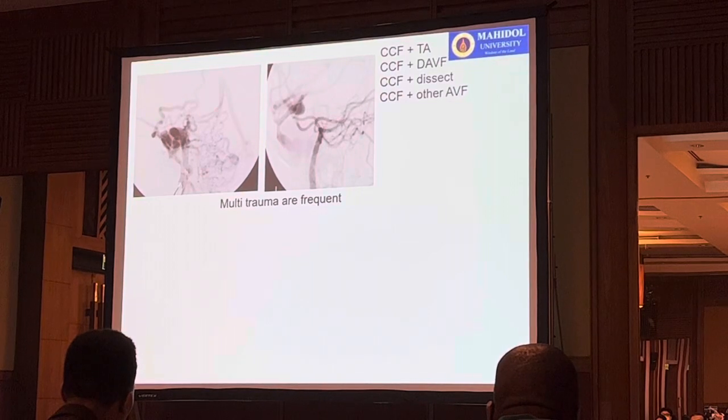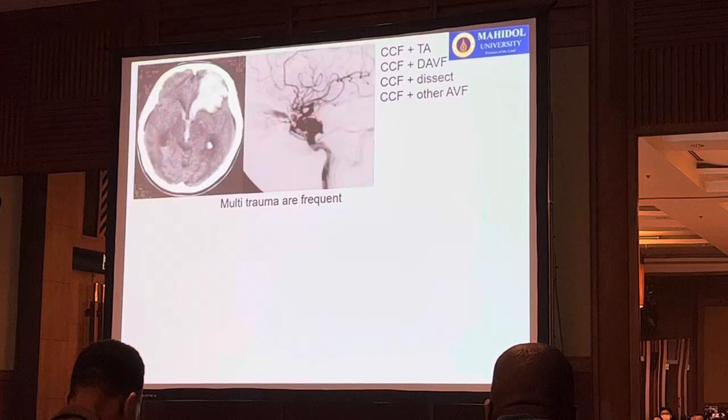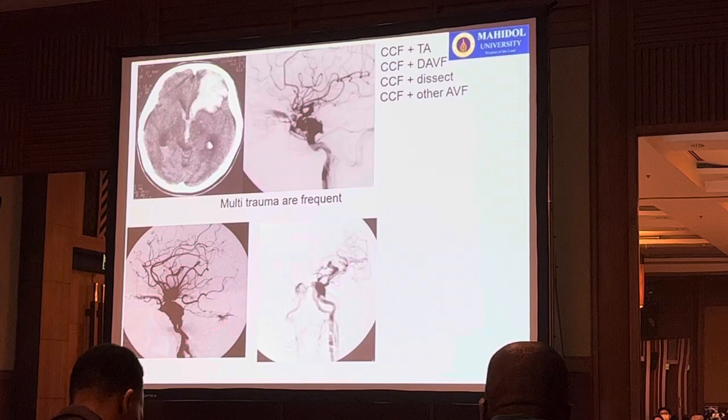And just an example of CC fistula related with aneurysm, traumatic aneurysm related to the fistula. You can have this type of aneurysm related to the fistula. You can have dural traumatic shunt. You can have a lot of dissection all over the area.